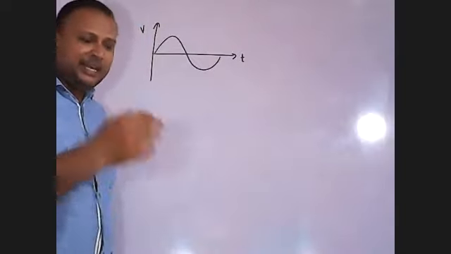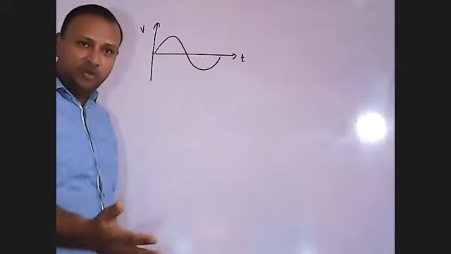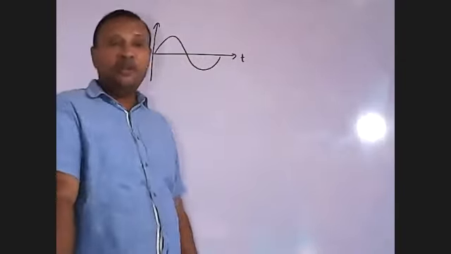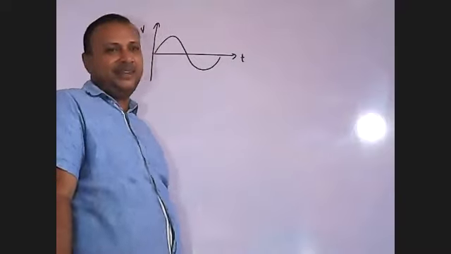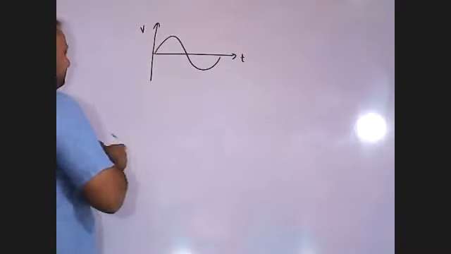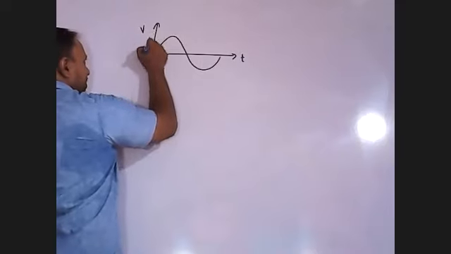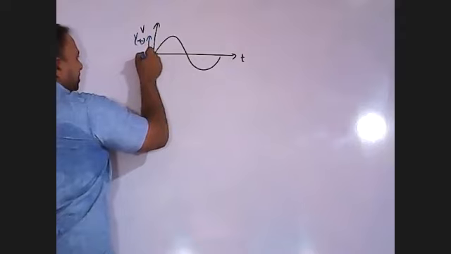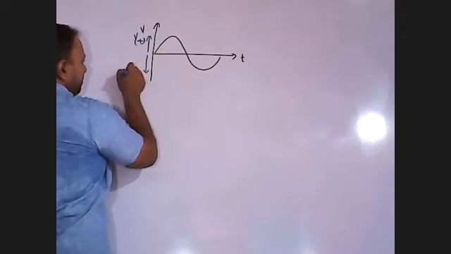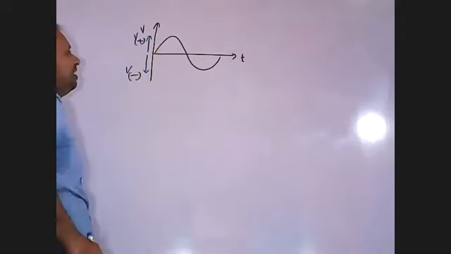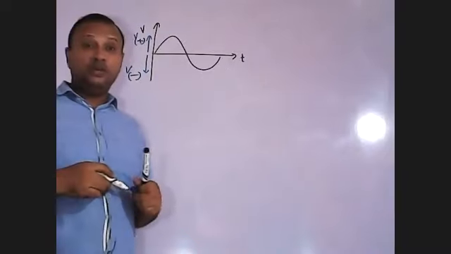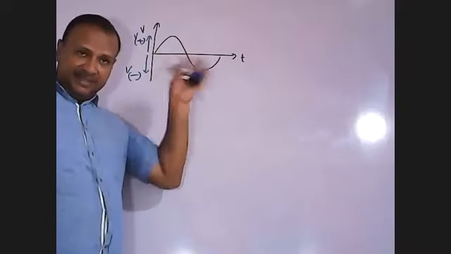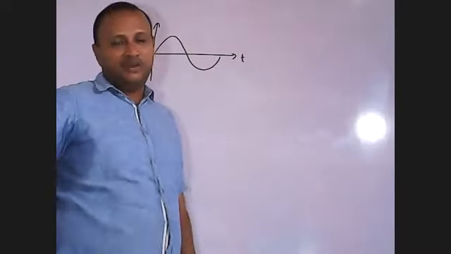Therefore, we can determine the direction of motion using the positive or negativeness of the y-axis. This is the positive y side, positive v. From here to here, v is negative. Therefore, positive or negativeness of the y-axis represents the positive or negativeness of velocity.